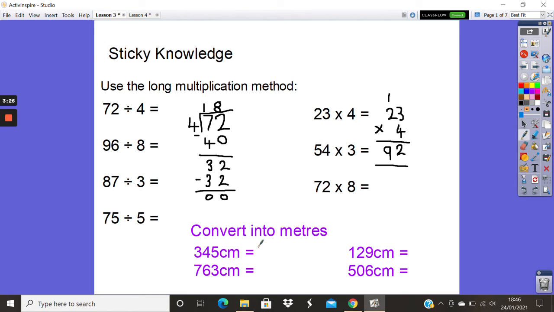So 345 centimetres would become 3 metres and 45 centimetres. And then 129 centimetres would become 1 metre and 29 centimetres. Okay, let's see if you can do the last two of those ones.